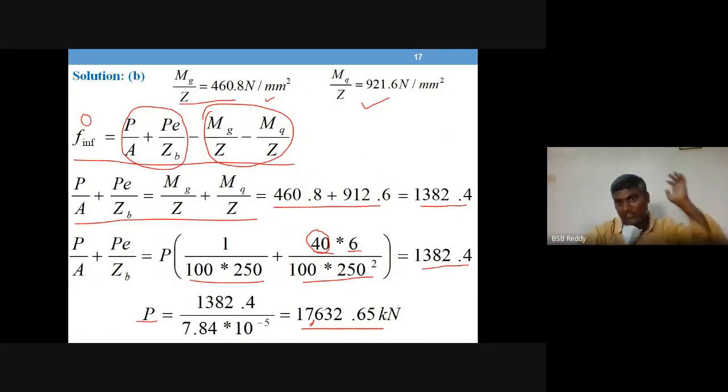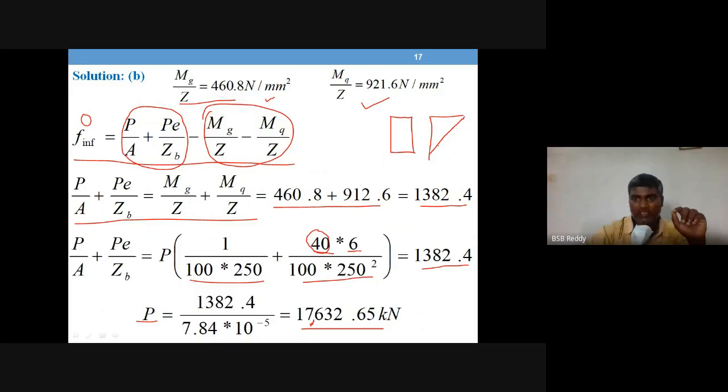So it has to be like 17,632.65 kilonewtons, which is the required force to make the total concrete section to be under compression. Okay, so if you want to have the total section under compression, that means bottom stress 0 and remaining all compressive stresses, you need to apply this much of pre-stressing force in the tendon.